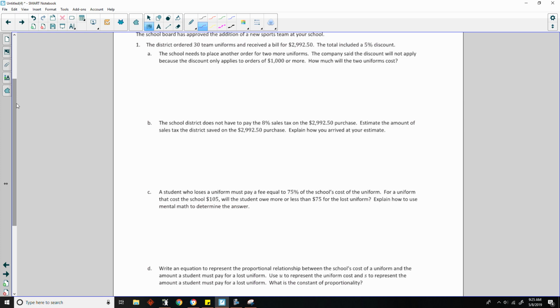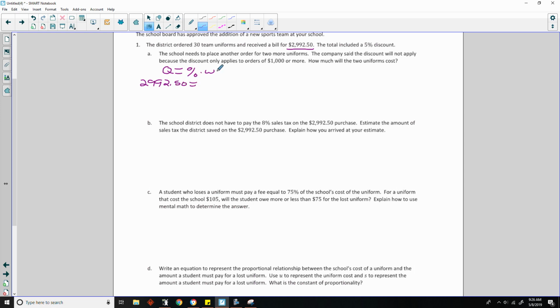How much will the 2 uniforms cost? Okay, so I need the formula, and I'm going to write some quantity equals some percent times the whole. The quantity in this case we know. We don't know the whole cost. We know the discount price. So that is $2,992.50.